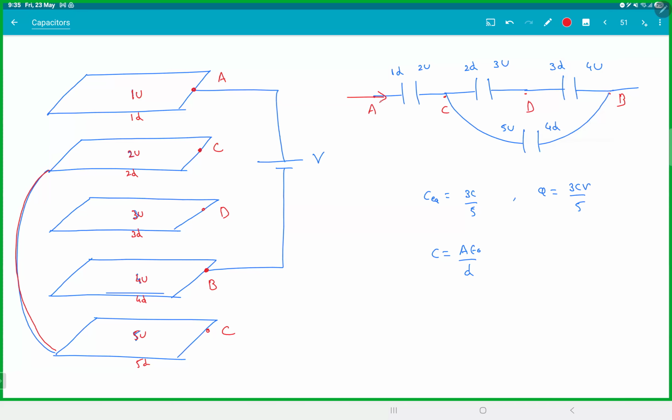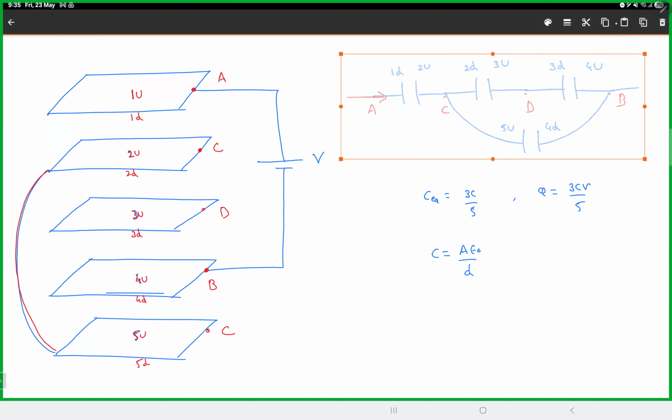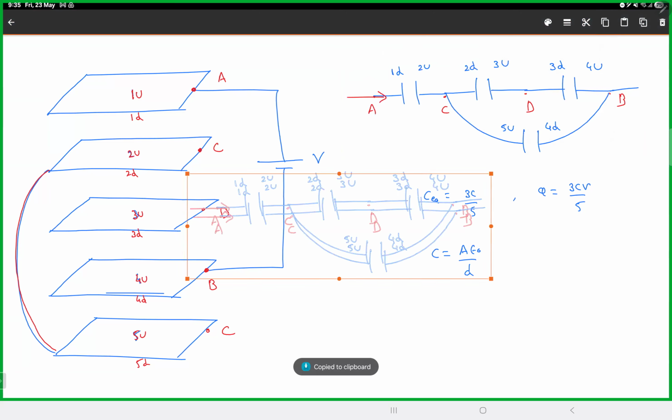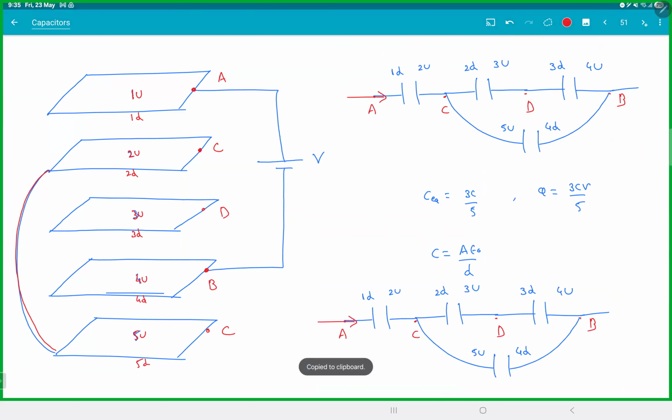Now what are the charge distributions? So charge Q will come here. I'll just redraw this again. Wait. So this charge Q will come here, so this plate will have plus Q. Then Q will continue to go here.